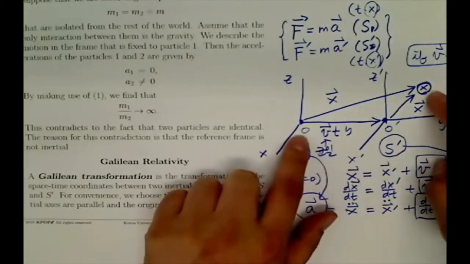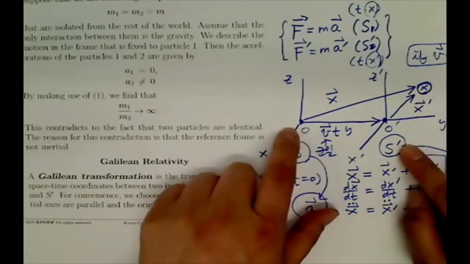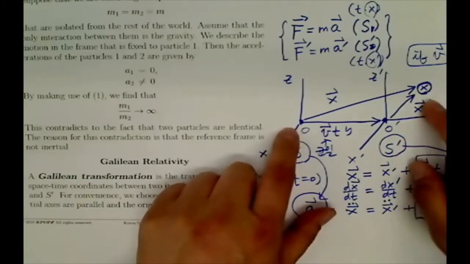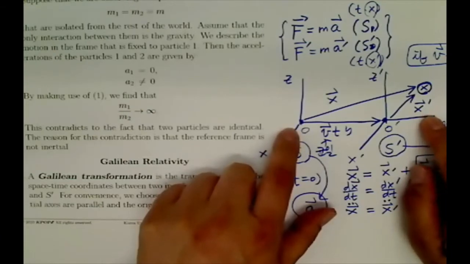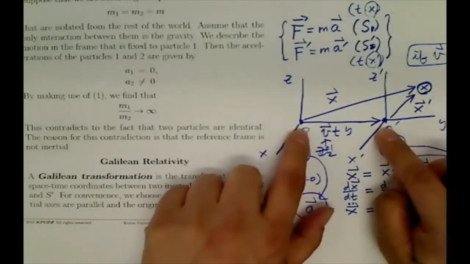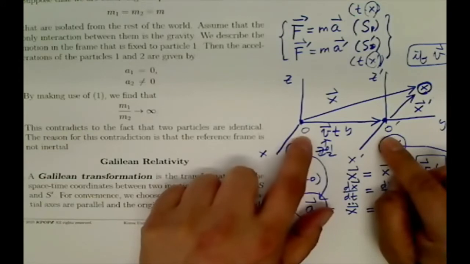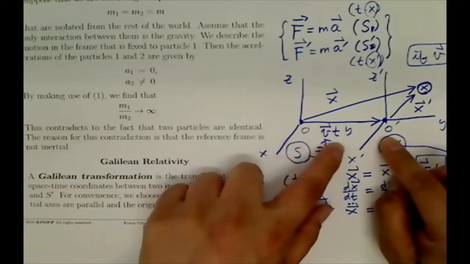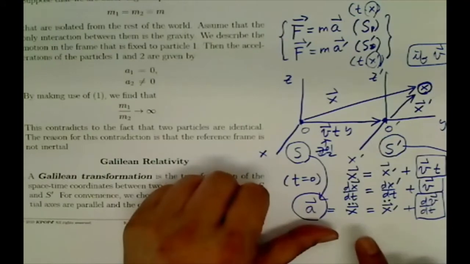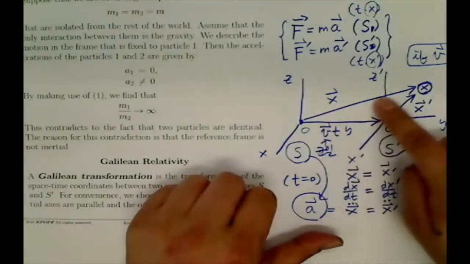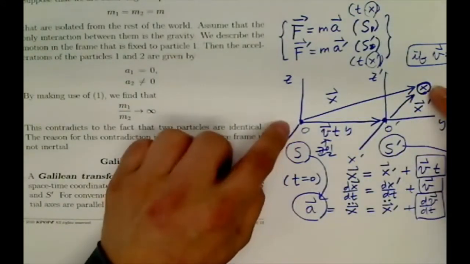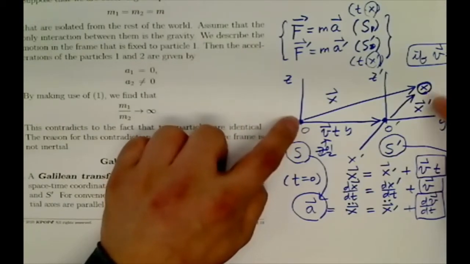If I look at a particle from the frame S and frame S prime, as far as the displacement is concerned, because the displacement of O prime from O is Vt, we have a simple relation that the displacement of this particle measured in S is the displacement of that particle measured in S prime, and there is a difference by Vt.